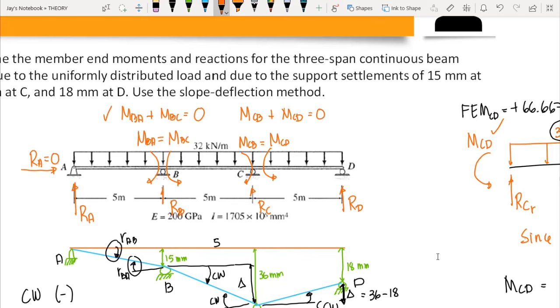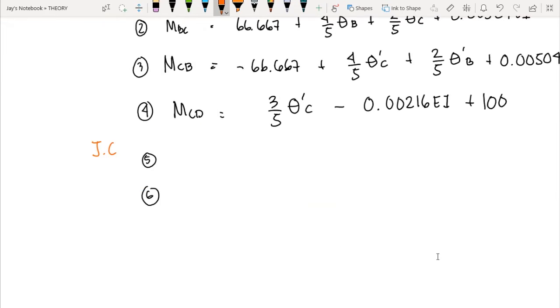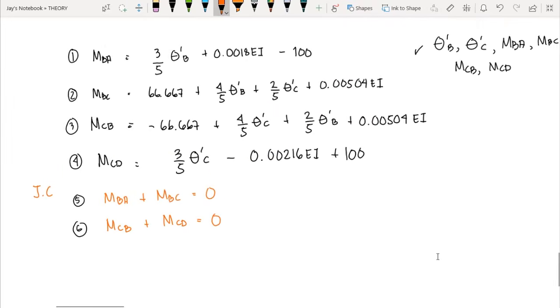So these joint conditions, MBA plus MBC equals 0 and MCB plus MCD equals 0, are the 2 additional conditions that minimize the number of unknowns.